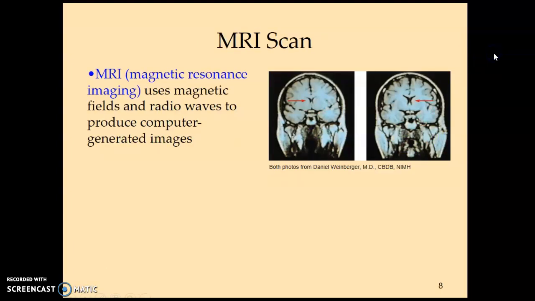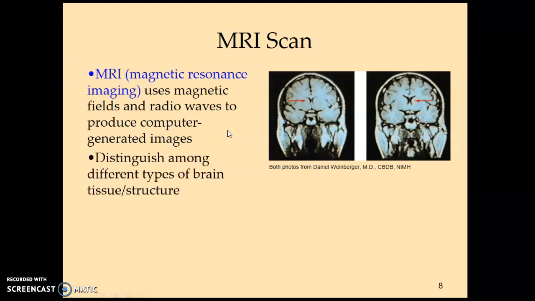MRI, most of us are probably more familiar with this. The big thing with an MRI is they're just going to use magnetic fields and radio waves to get proper computer-generated images of the brain. The main thing we're going to do here is try to distinguish among the different types of brain tissue and structure.